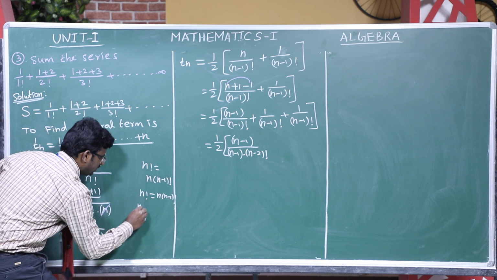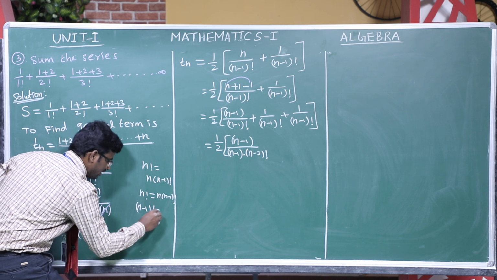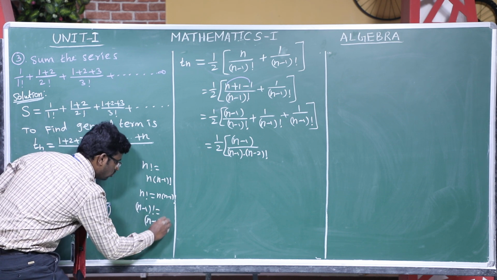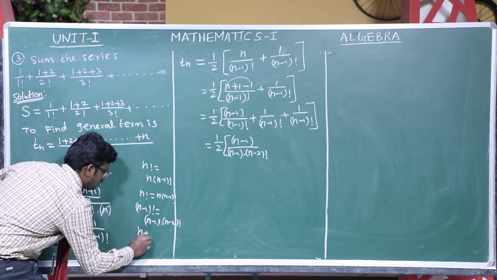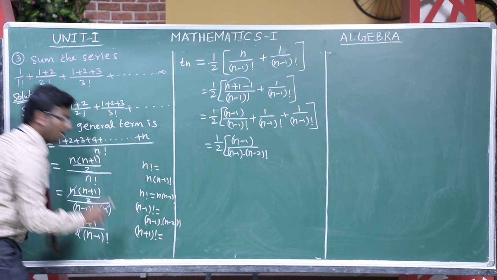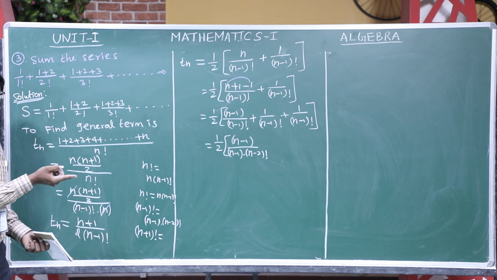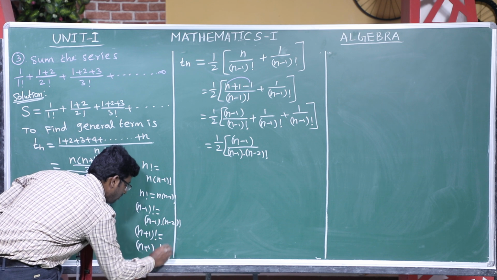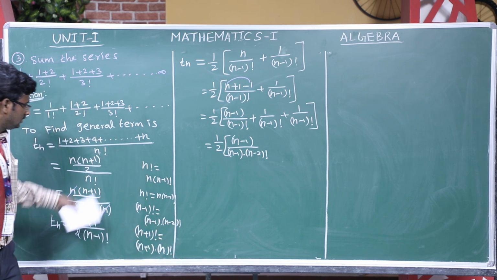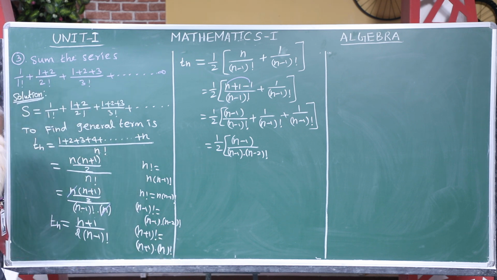Then suppose (n-1)! is splitting n-1 into (n-2)!. Then suppose (n+1)! means subtracting by 1, so (n+1) into n!. This is the formula for the factorial.